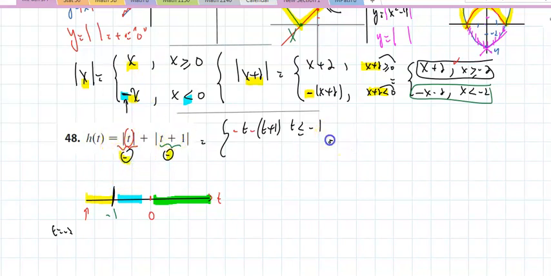And what this will be, negative t minus t, that's negative 2t minus 1 if t is less than or equal to negative 1.